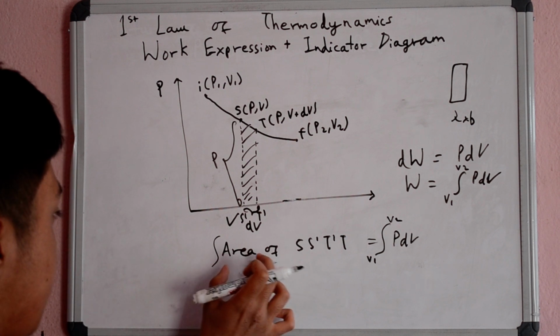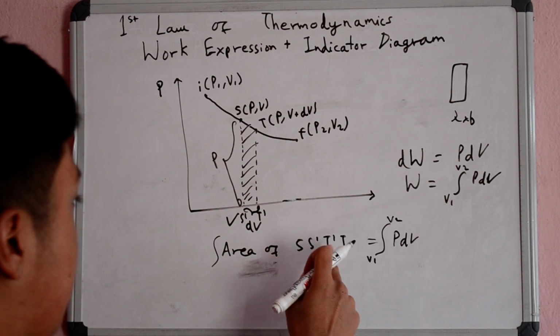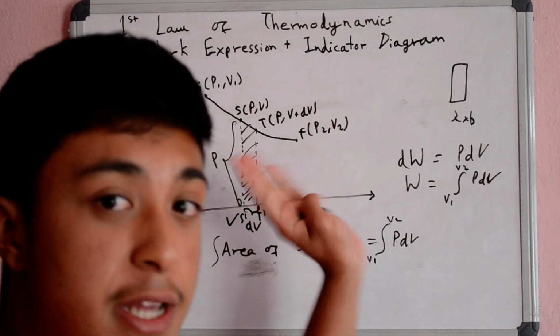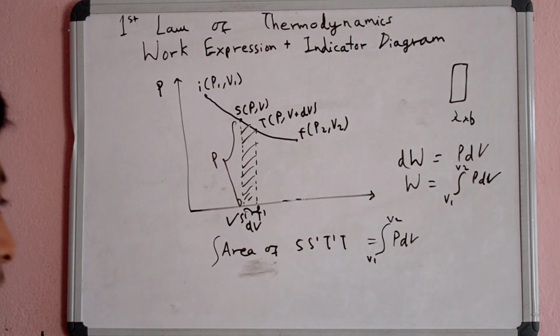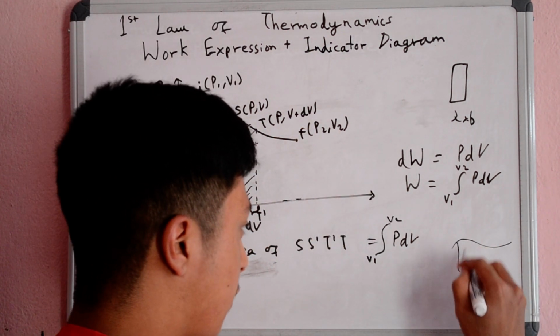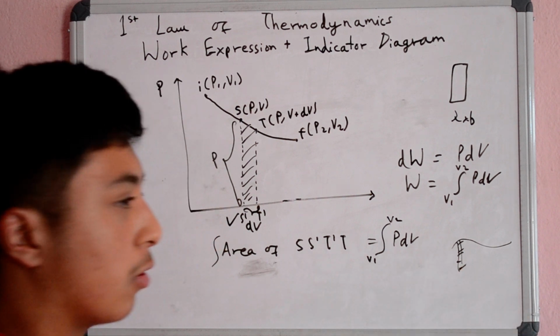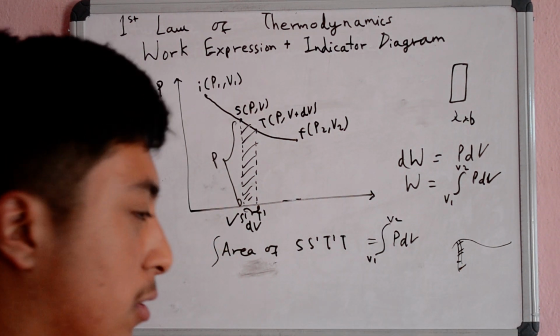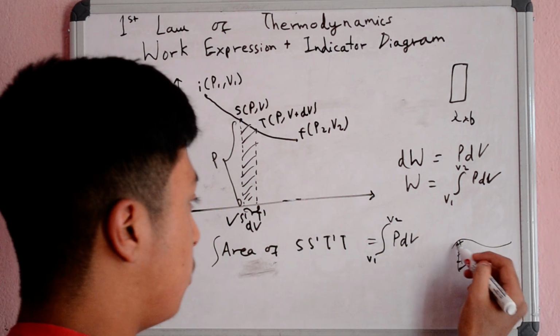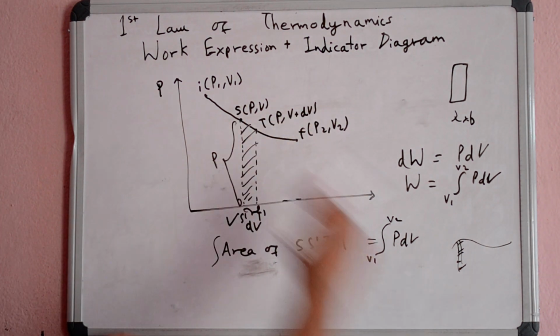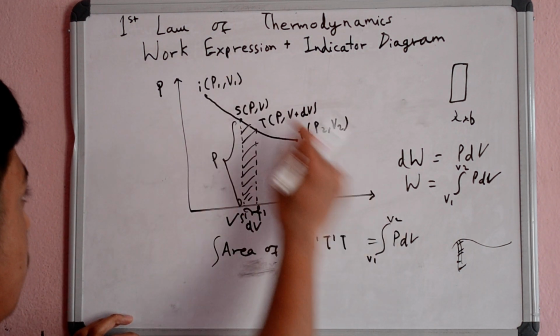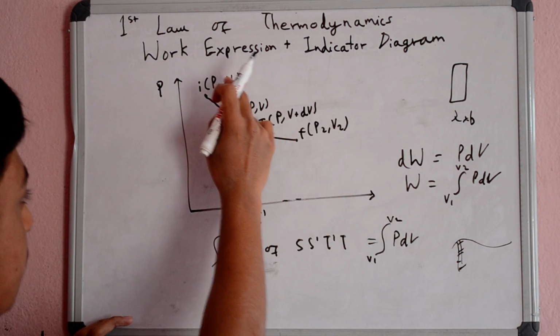The integration of S S dash T dash T is just the basics of integration, meaning that this is a very small part of the curve, and if we integrate this, we get the area under the curve from I to F, which for volume is V1 to V2.